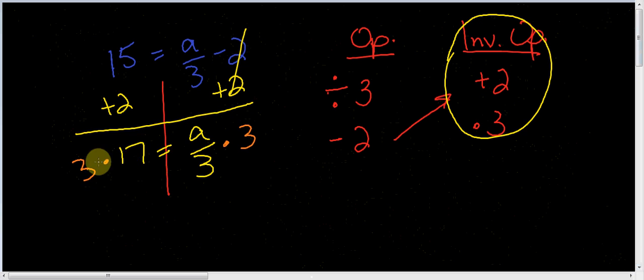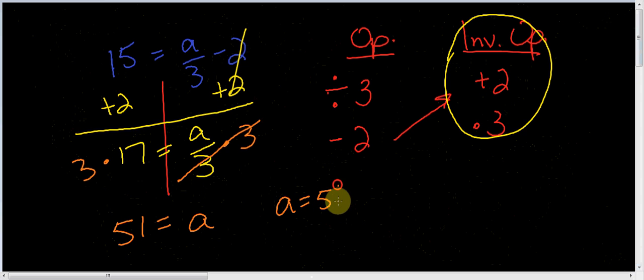I have 3 times 17 on the left, which is, let me do that multiplication, 51. Equal sign comes down. 3's cancel, which gives me just an A, which is what I want. And so I have A is equal to 51. I'll use my purple checking pen to check.